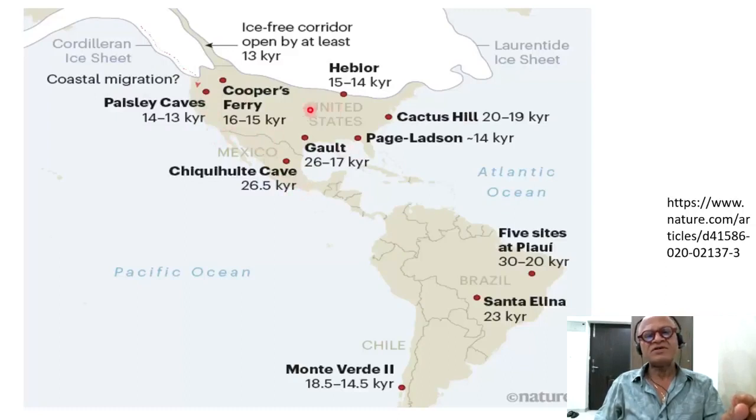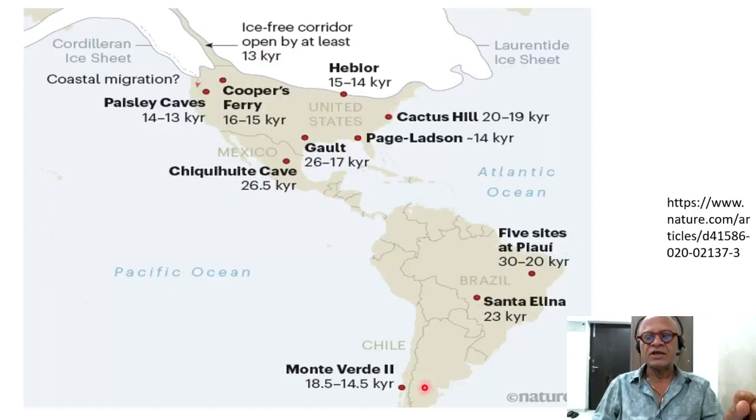And there are many evidences going back a long time where Chinese artifacts have been found in many places here, which is used to argue all sorts of things. But you can go back as far as 13 kilo years here.